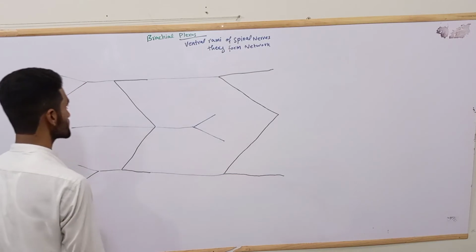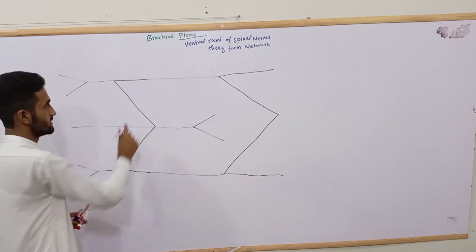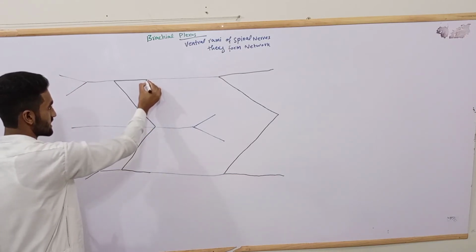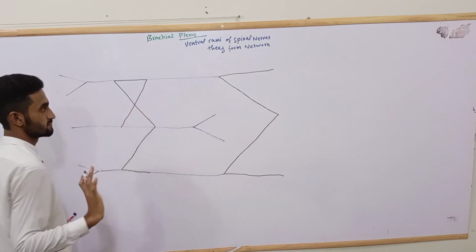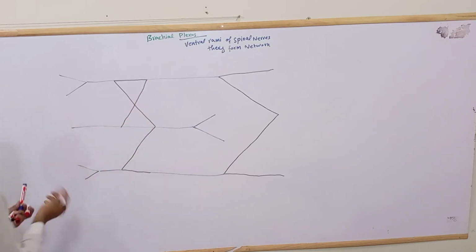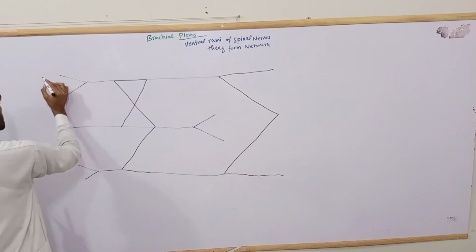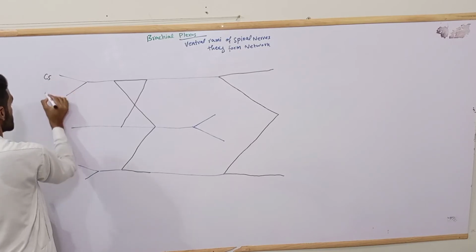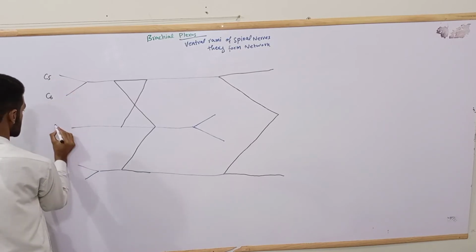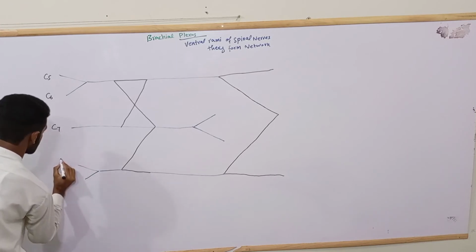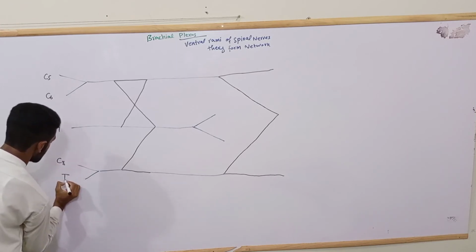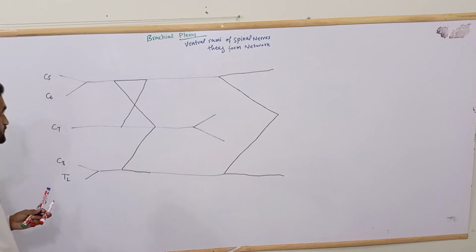Make sense? And draw a line right here and make it like an X. So let's put in the labels. These are your C5, C6, C7, C8, and T1. Make sense?